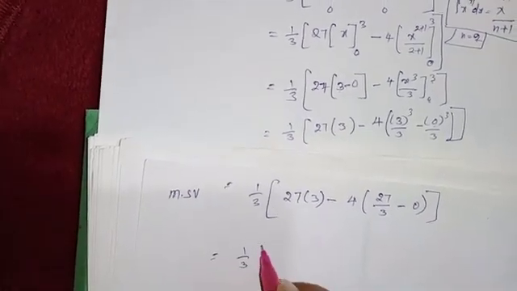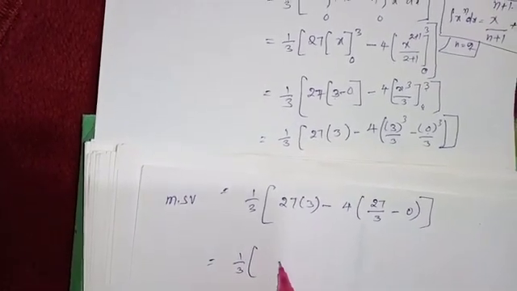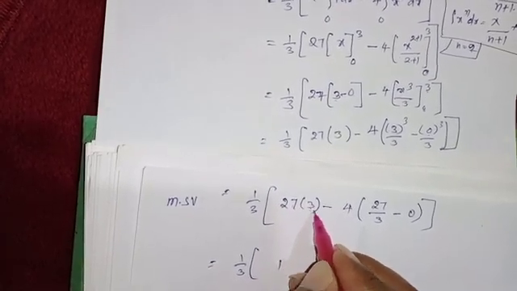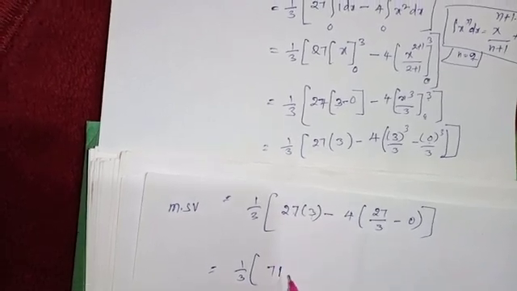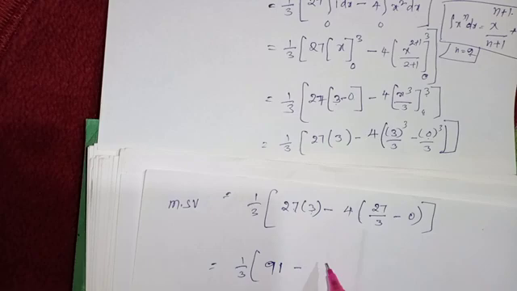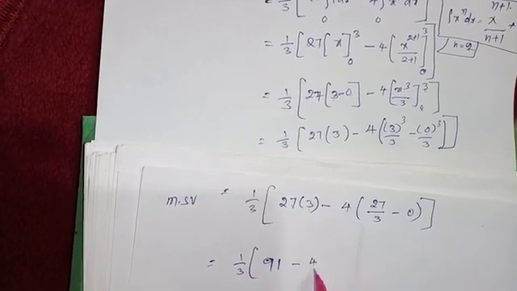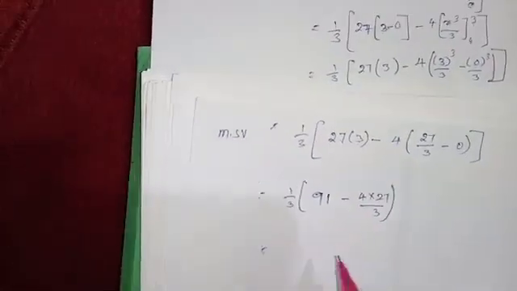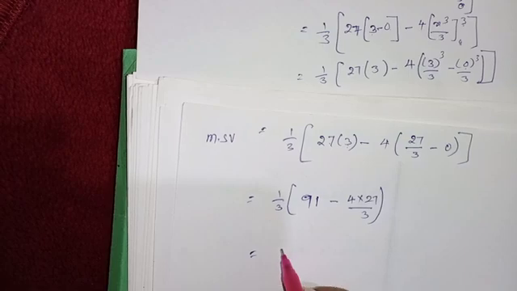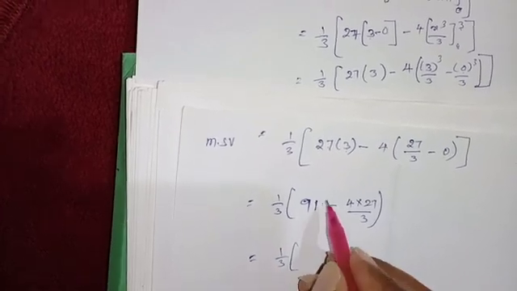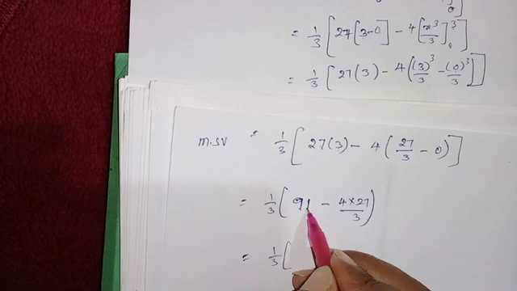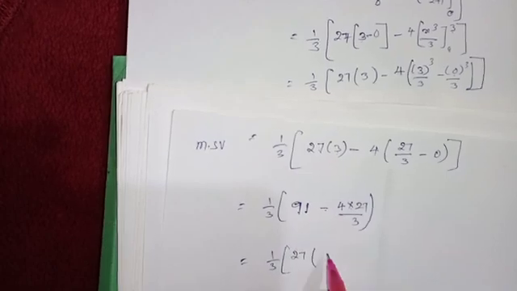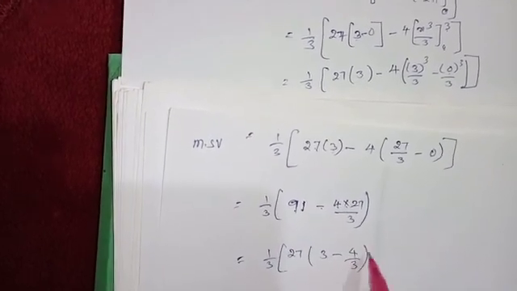That is equal to 1 by 3 whole into 27 into 3, it is 81, minus 4 into 27 by 3. That is equal to 1 by 3 whole into, 27 is common, remaining here is 3 minus 4 by 3.